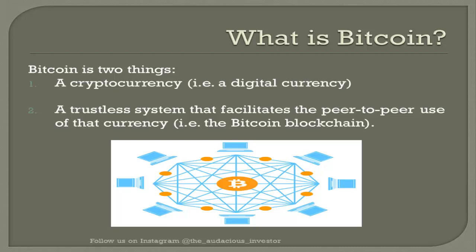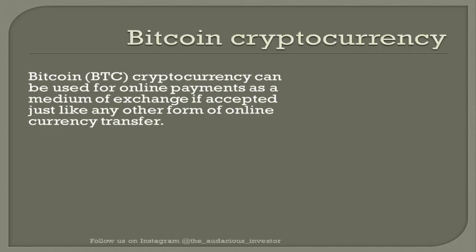So it facilitates the peer-to-peer use of Bitcoin, and that is via the Bitcoin blockchain. So we need the Bitcoin blockchain in order to be able to use Bitcoin, the cryptocurrency, or Bitcoin, the token. So Bitcoin is 2 things: a system, a peer-to-peer payment system, as well as a digital currency at the same time.